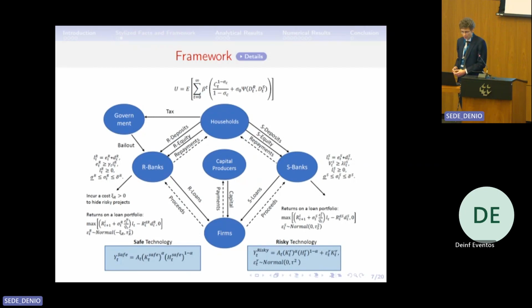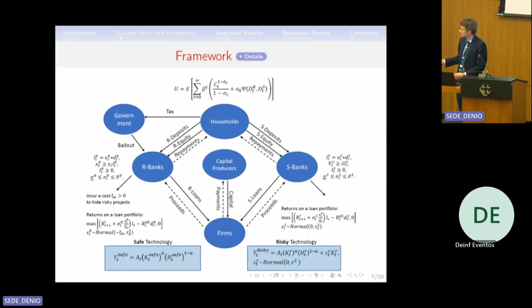I would like to capture the fact that the social price of taking risk by regulated banks is higher than shadow banks because they have deposit insurance. For that, I include a psi_R component, and you can interpret it as regulated banks incurring a cost to hide risky loans from regulators.